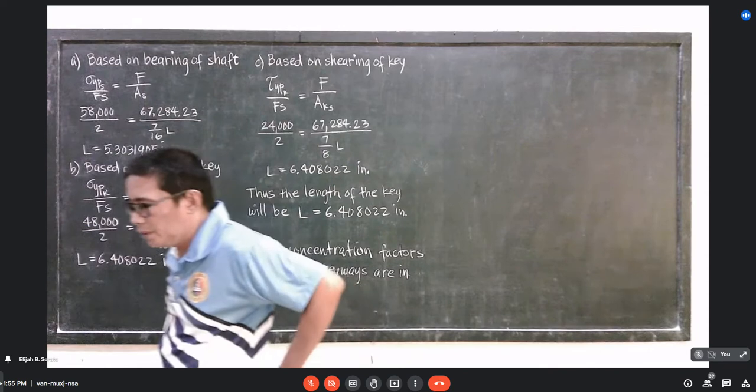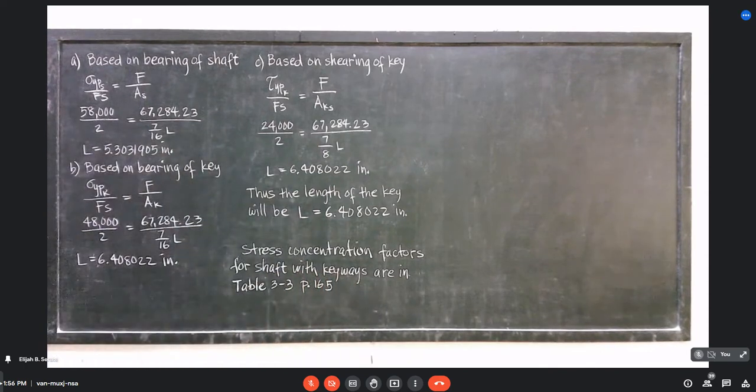In other words, if the load between the shaft and the key will exceed or will be large, which of the components will give way? Asay unang madaot?